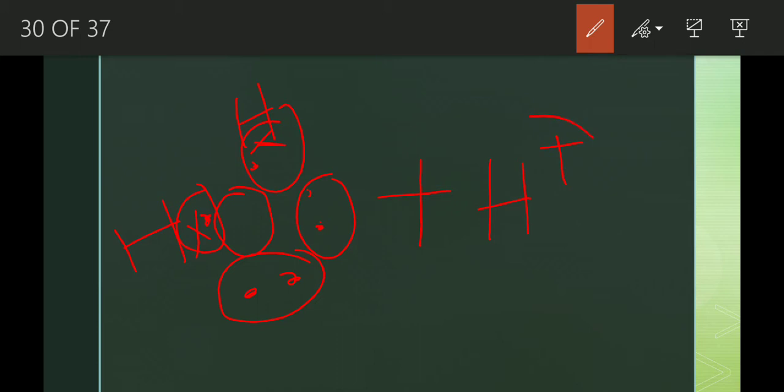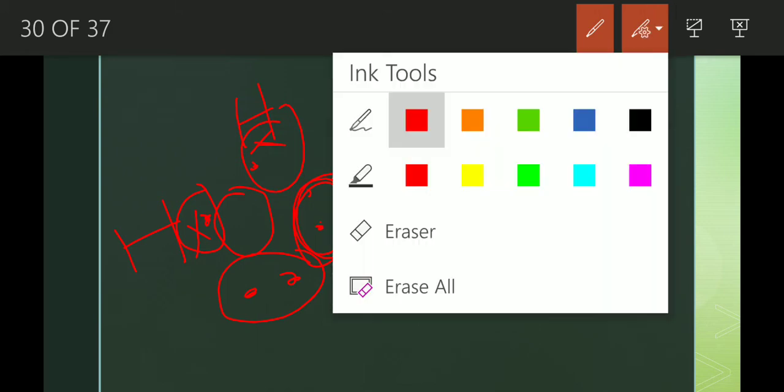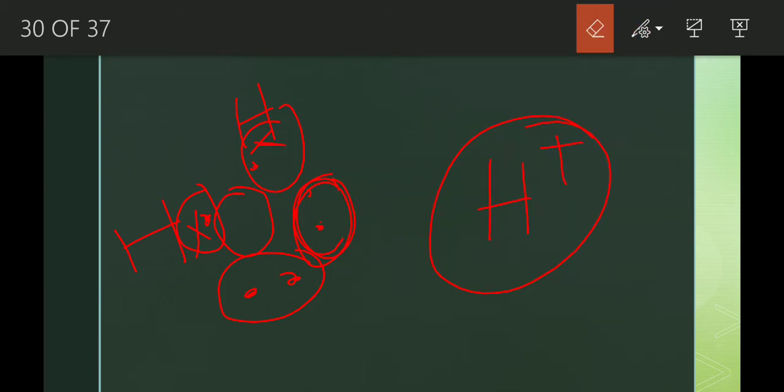Because this particular hydrogen ion has no electron at all, not a single electron, this pair of electrons will be shared between these 2. Let's see. This particular pair is shared by the hydrogen ion and the oxygen of the water molecule.